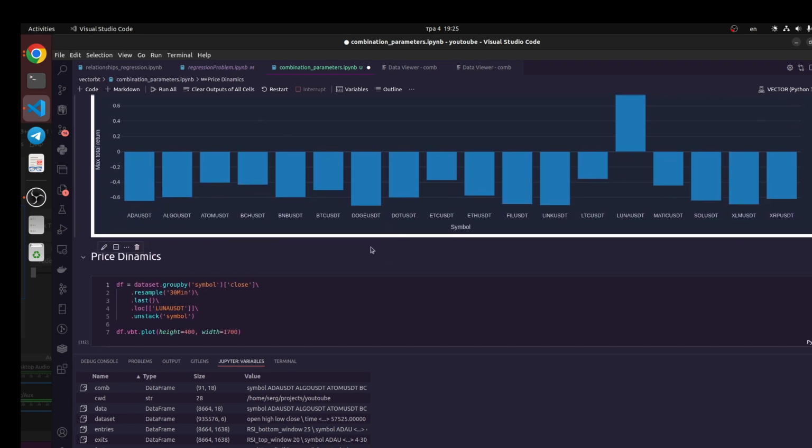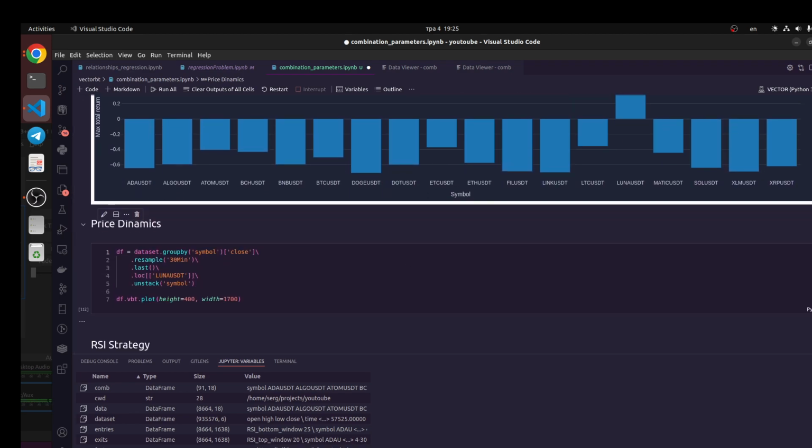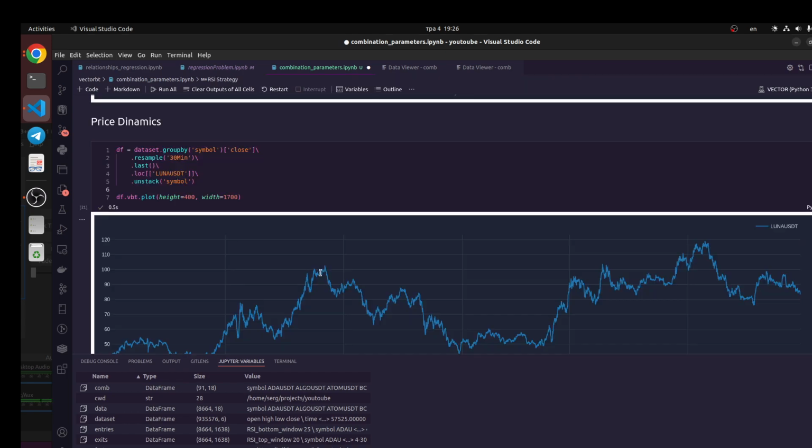Let's do it. For example, we need to also create these tickers like a separate data frame. We do a similar operation like in the last example, and I would like to use .loc. I'm going to input only one ticker like Luna USDT, and I would like to unstack this data frame by symbol, and I'm going to create a data frame only with Luna USDT ticker data.